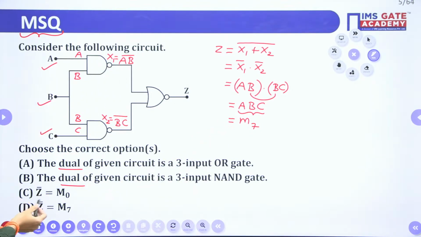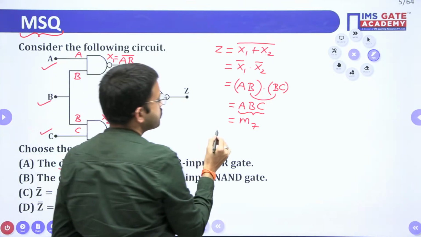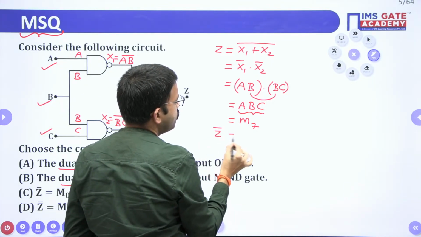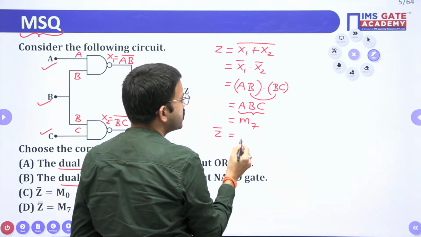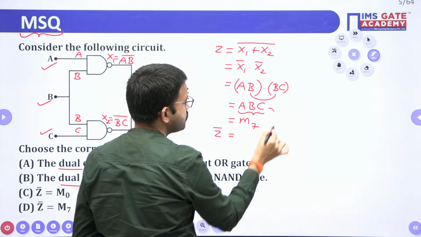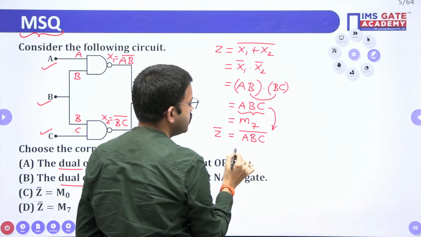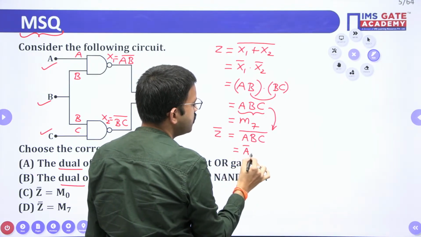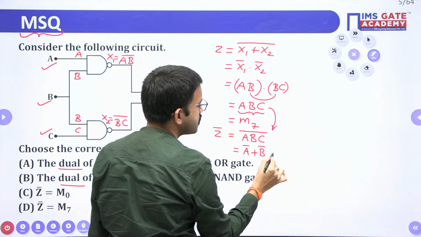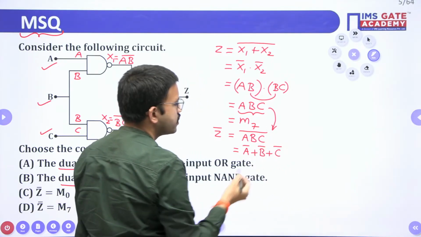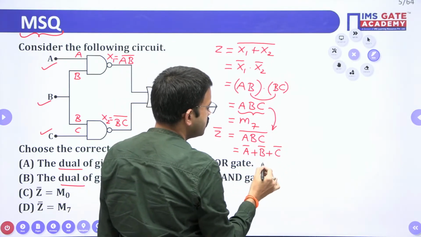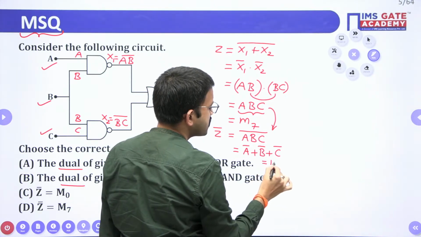Option C and option D, they have asked regarding complement. Now if you apply complement to this function, I am considering ABC whole bar. By using De Morgan's law, you will get A bar plus B bar plus C bar, which is nothing but capital M7.